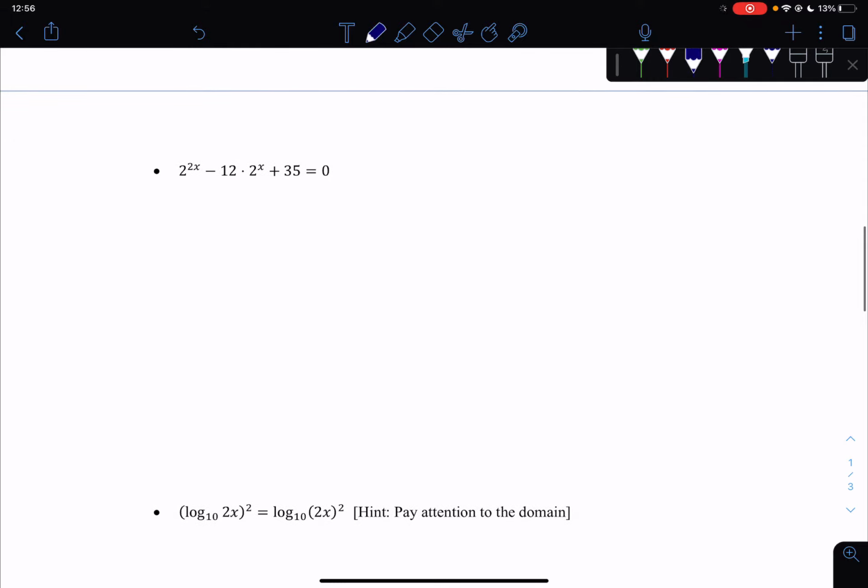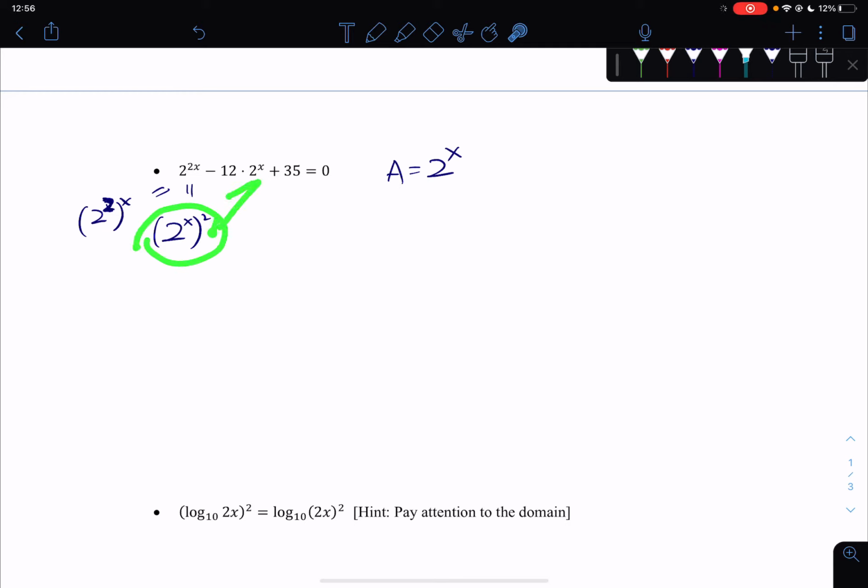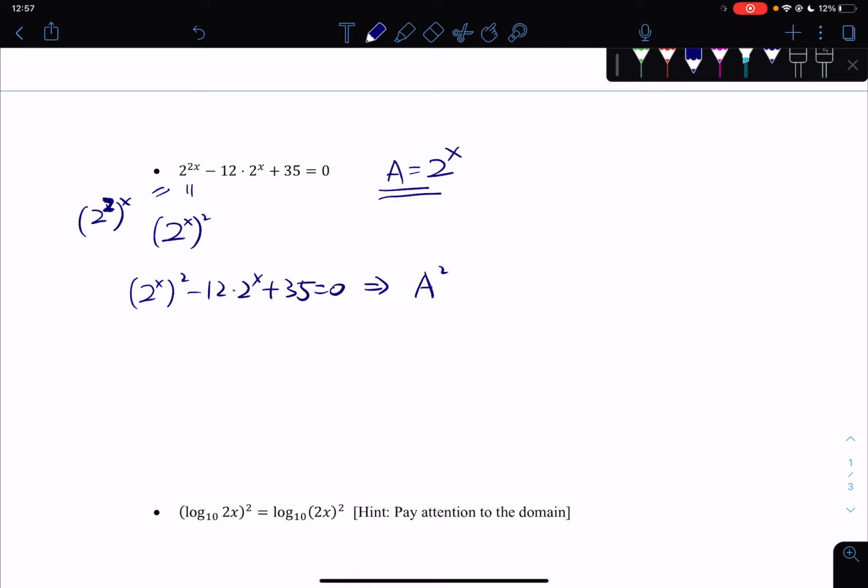The next two problems, you can see that I have some power structure, but they were doing multiplication or subtraction, so I can't really merge them together. So I'm going to use the substitution method. I'm going to have 2 to the x as my new variable. The first problem is 2 to the x squared, or if you want, 2 squared to the x. Both of which are correct. However, only by changing it to this structure are those two related. So I'm going with this one. So I end up with 2 to the x squared minus 12 times 2 to the x plus 35 is 0. Therefore, by calling a to be 2 to the x, a squared minus 12a plus 35 is 0.